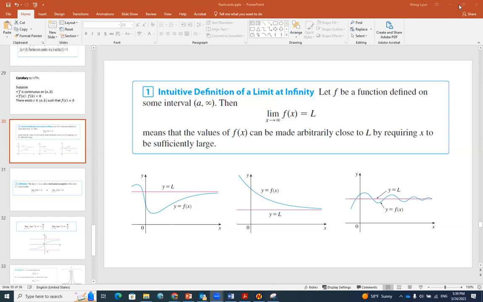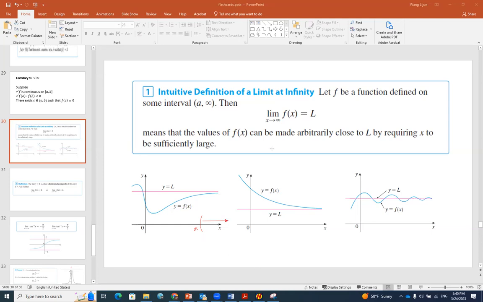Take an example: depending on how close you want it to be, it could be from here, it could be here, from a to infinity, all the way to infinity, horizontally.